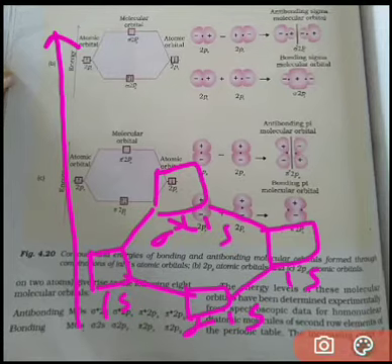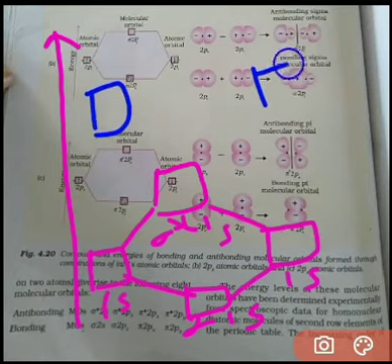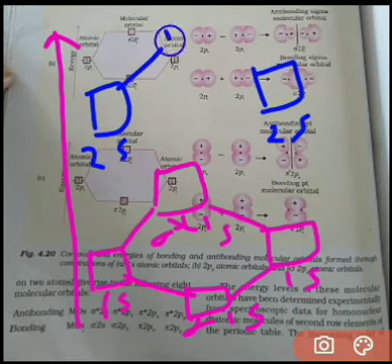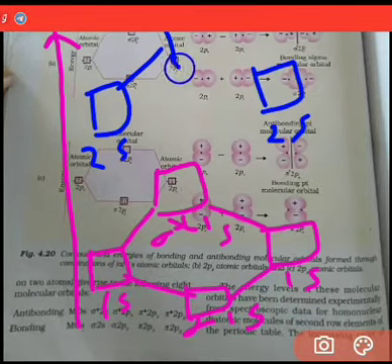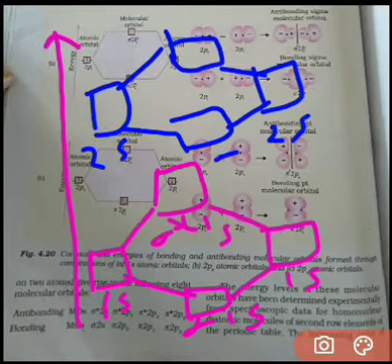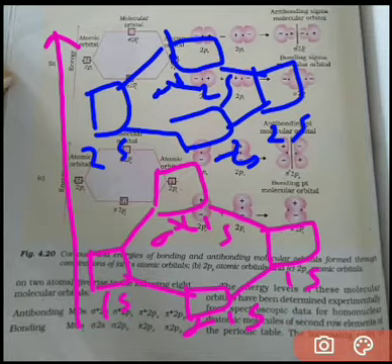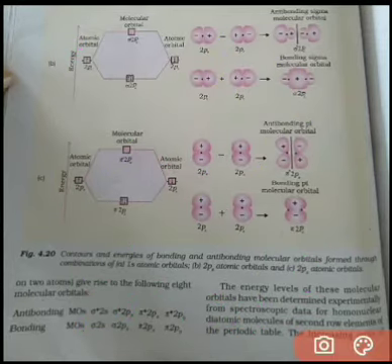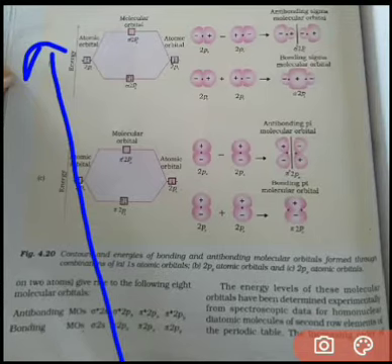Now the 2s will combine with 2s of oxygen and result in the formation of sigma 2s and sigma star 2s. After this, students, talking about the p orbital for the same O2 molecule.